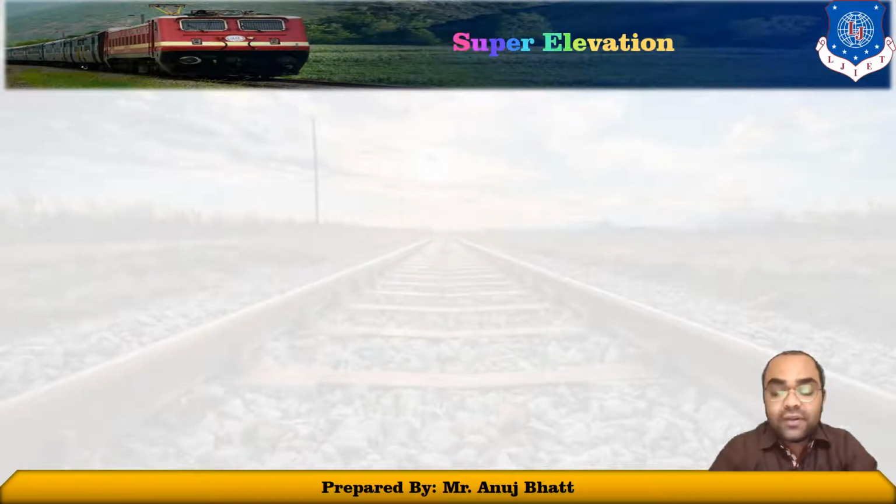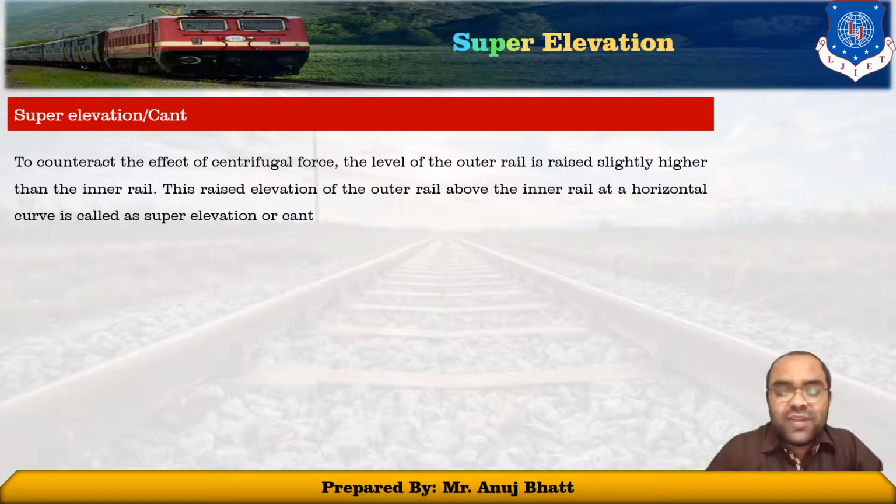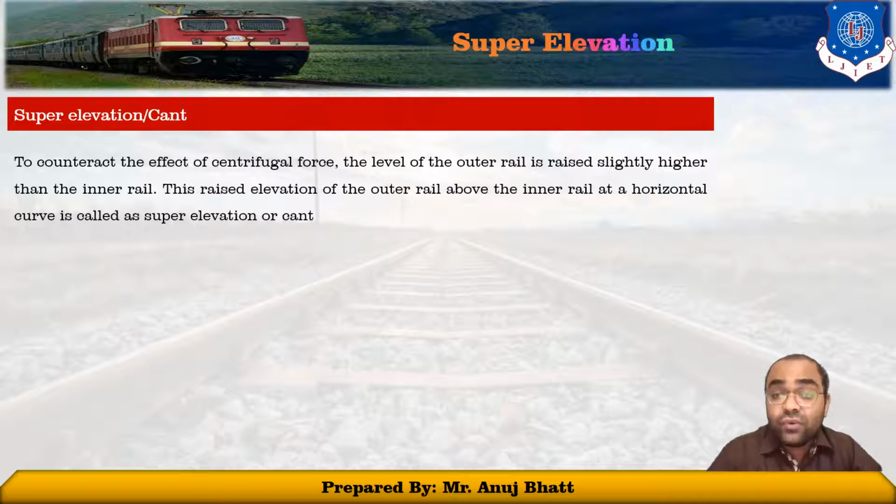What is superelevation? When a train moves around a curve, it is subjected to a centrifugal force which acts horizontally away from the center of the curve. To counteract the effect of this centrifugal force, the level of the outer rail is slightly raised, slightly higher than the inner rail.